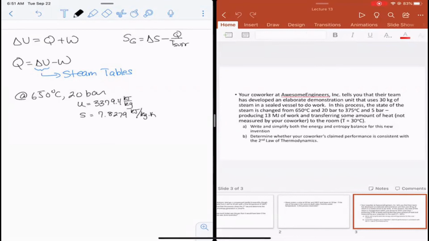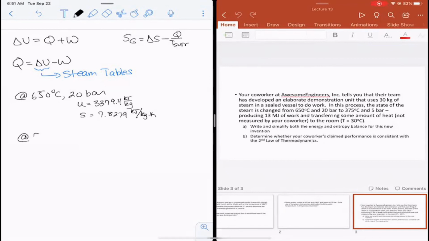Okay, so now our final state, where we're at 5 bar and 375 degrees C, that's not in the steam tables, but 350 degrees C and 400 degrees C are. So we're going to have to interpolate again.